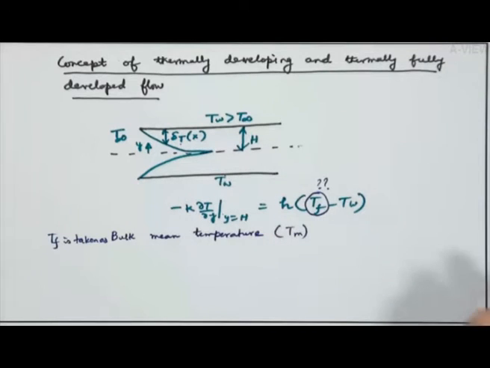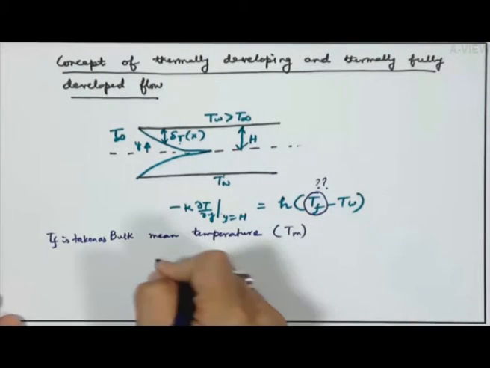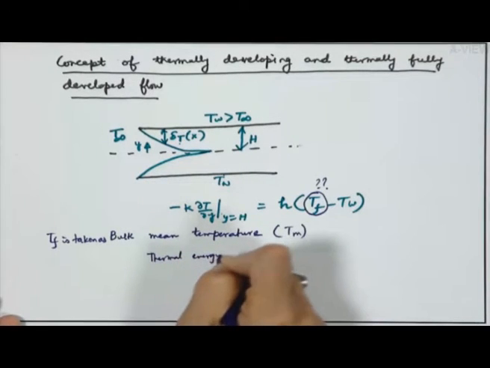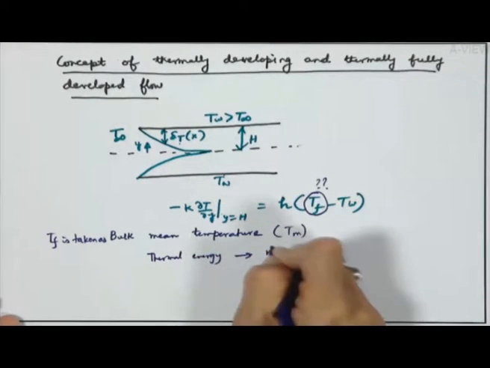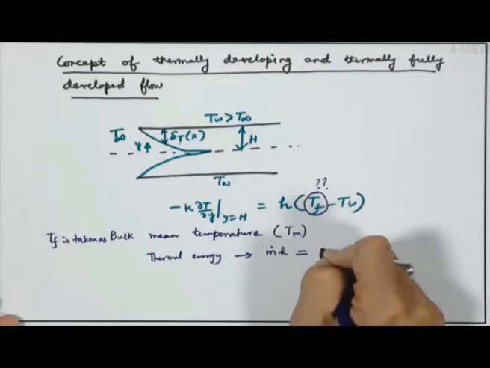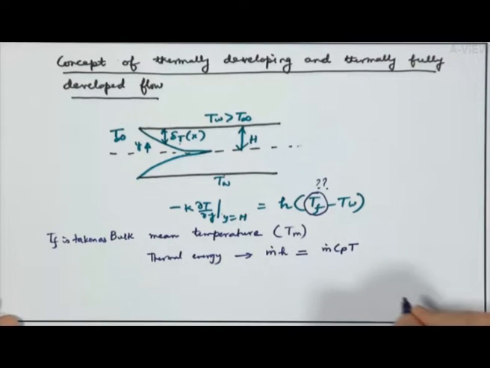Let us assume that you have an incompressible fluid flowing through the section. The thermal energy of the section is m dot into H, which is m dot into Cp into T. This is the local.